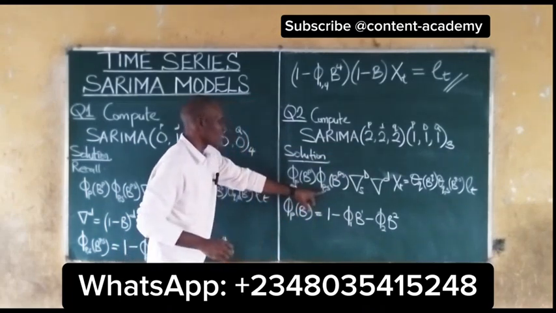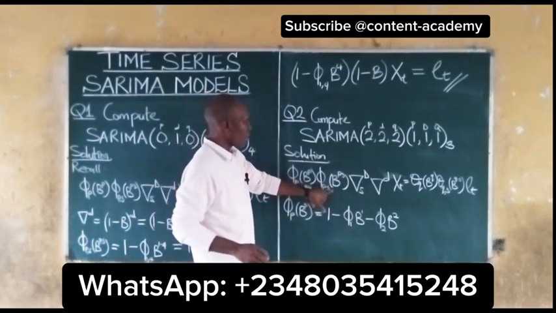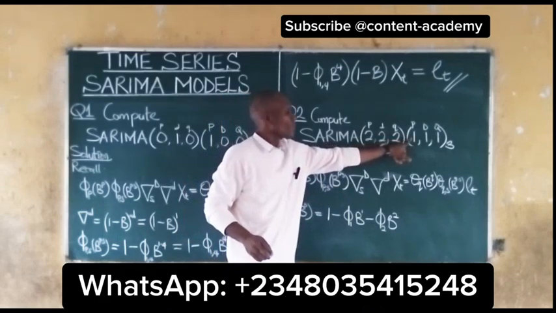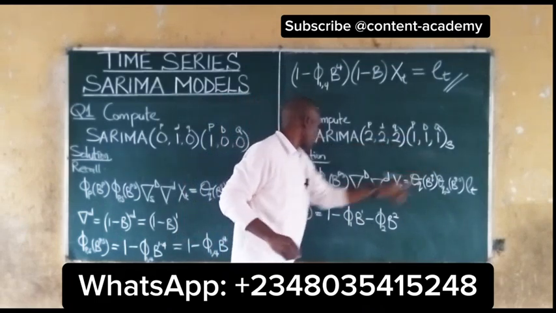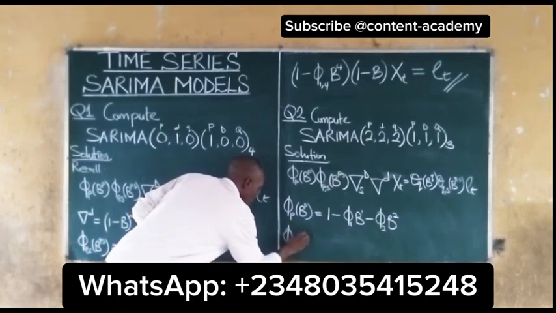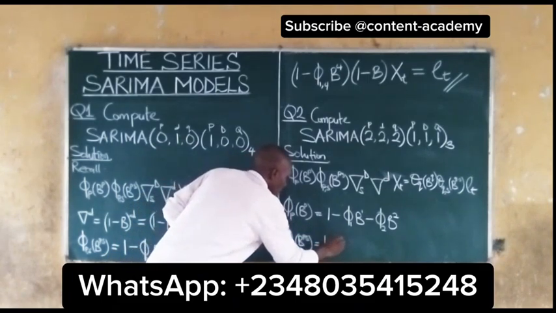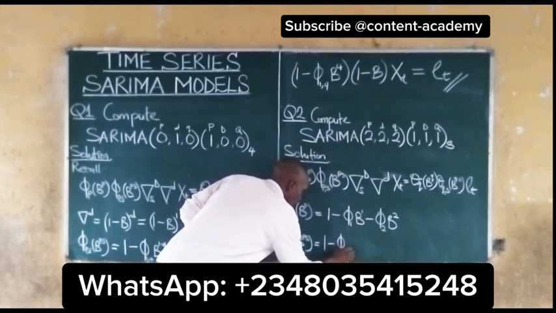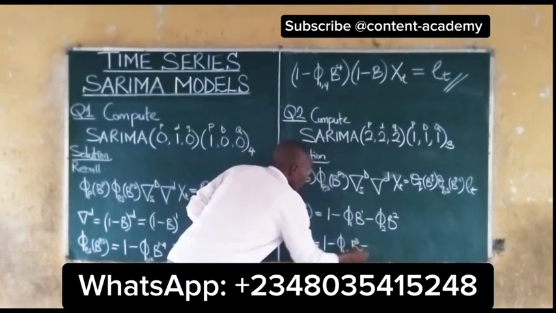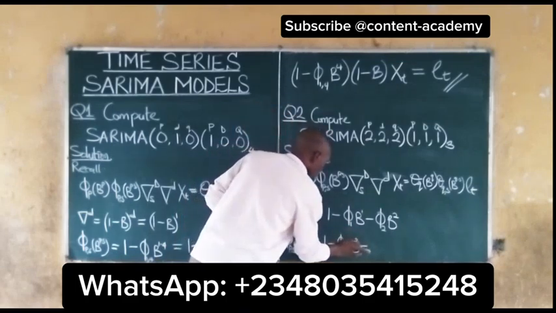Okay, the next on our list is the seasonal part. The seasonal part of our autoregressive is 1. We have P to be 1, with the seasonality S. So our seasonal part will be Phi_{P,S}(B^S), equal to 1 minus Phi_{1,3} B^S, where S is 3.